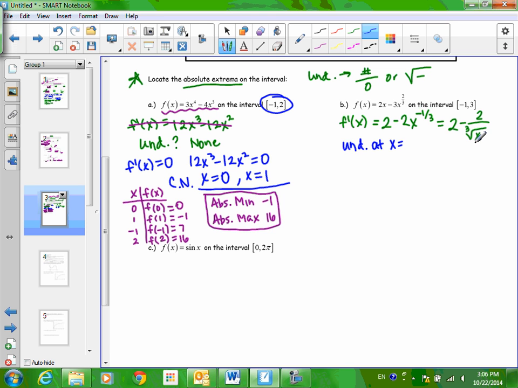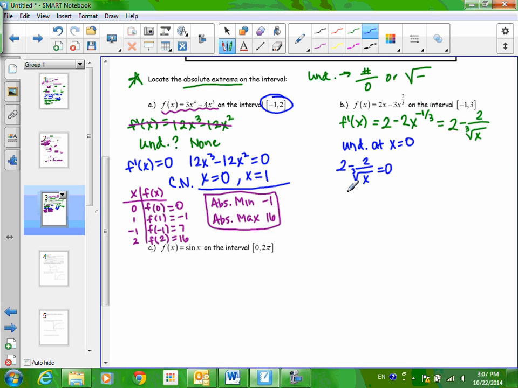What x is going to really throw a wrench in this machine? 0. And if you rewrite it, it's a lot more obvious. The cubed root part is no big deal because you can cube root a negative all day long. You just can't divide by 0. All right, so that's one of our critical numbers. All right, let's find the other ones. That's going to be where we set our derivative equal to 0.